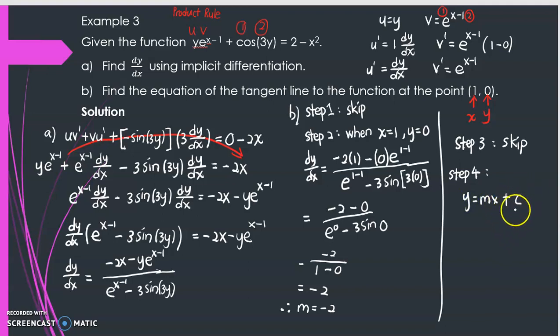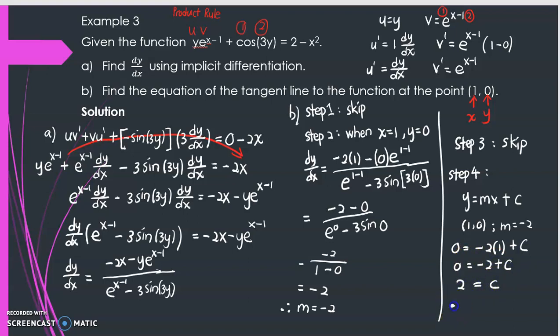First we try to find the value of c, where we already have the point, which is (1, 0), and the gradient m is equal to negative 2. So I substitute all the values into this formula in order to find c. Where y is equal to 0 is equal to m, negative 2, times x, 1, plus c. So 0 is equal to negative 2 plus c, or c is equal to positive 2.